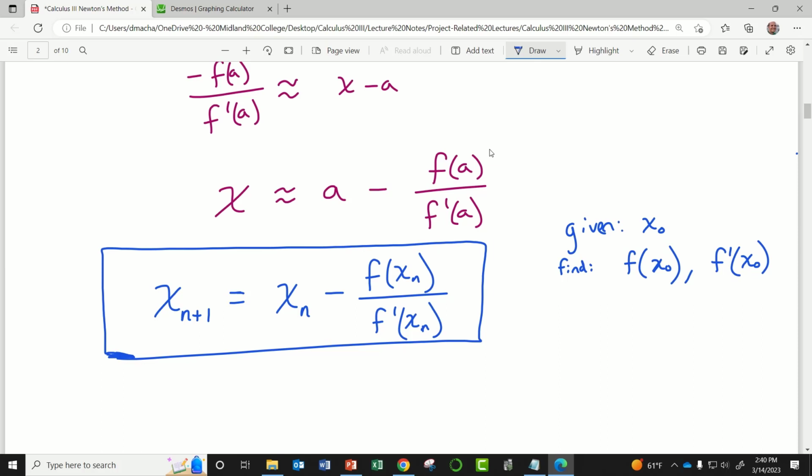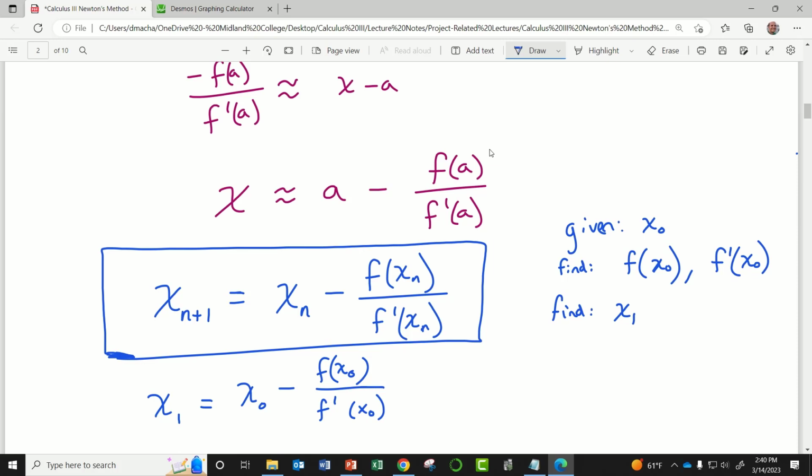That would be the formula for x1, right? If n is equal to 0, then this formula becomes x subscript 0 plus 1 is equal to x subscript 0 minus f of x0 divided by f prime of x0, right?